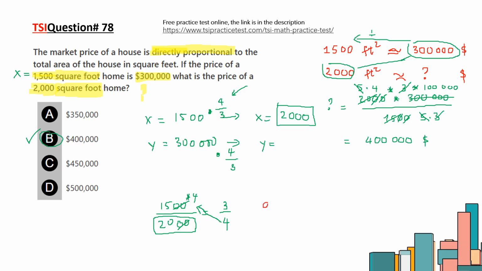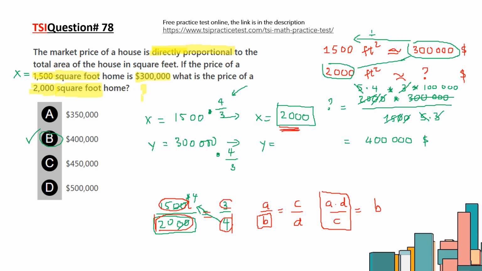If you remember our A over B equals C over D, if you want to find B, you will have to move B on top, and then you have C at the bottom, and then A times D. So here we have our A, our B, our C, and our D. To find 2,000, you will multiply the 1,500 by 4, then divide by 3.